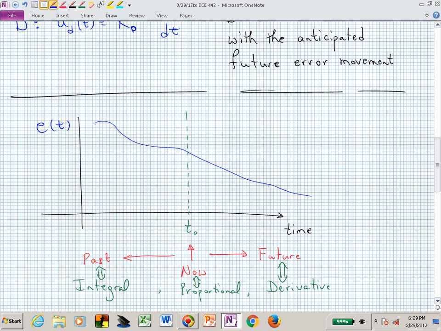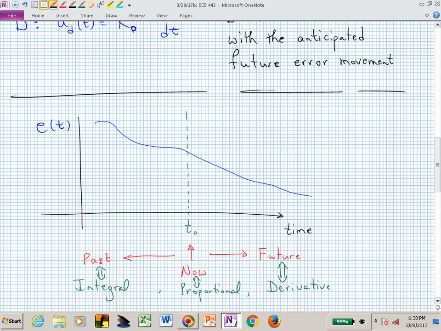So if you want to make your past error more significant, then you might enhance the integral gain in your PID control, where it's now emphasizing past error information. If you want to emphasize the present error, then you might, relatively speaking, increase the proportional gain.